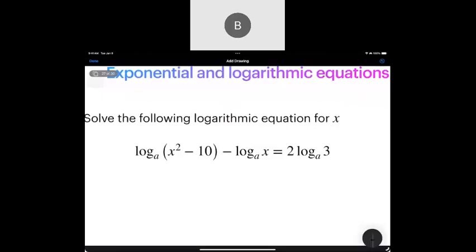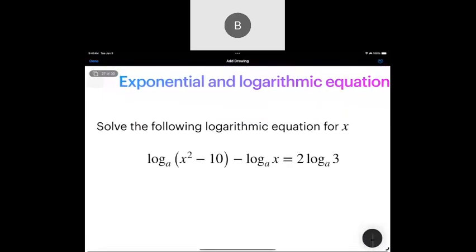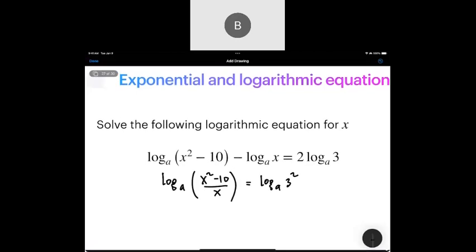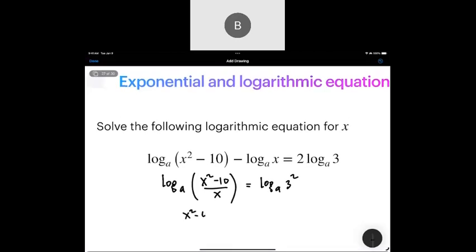Okay. So this one, we take the log base of a, and then because of this minus, we can do this, right? And then we can make it like that, right? So basically, we can get it equal 9.